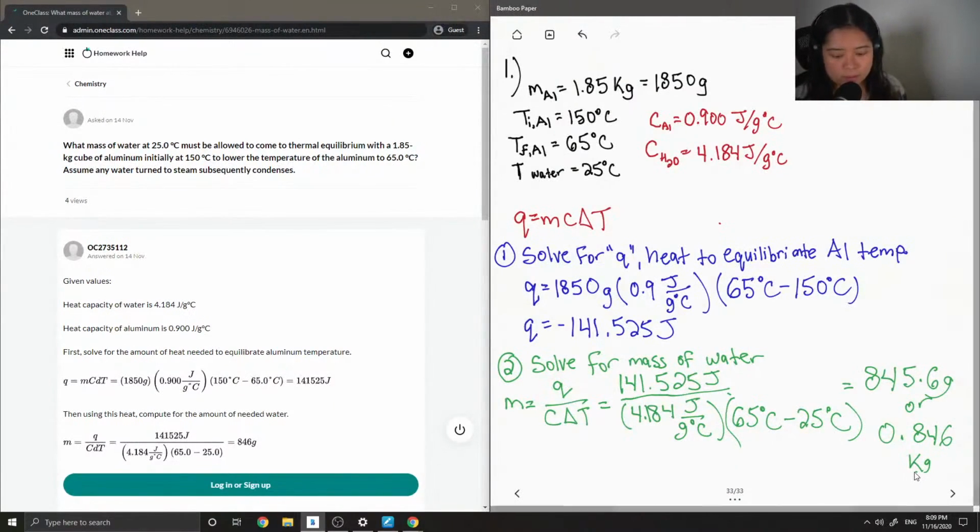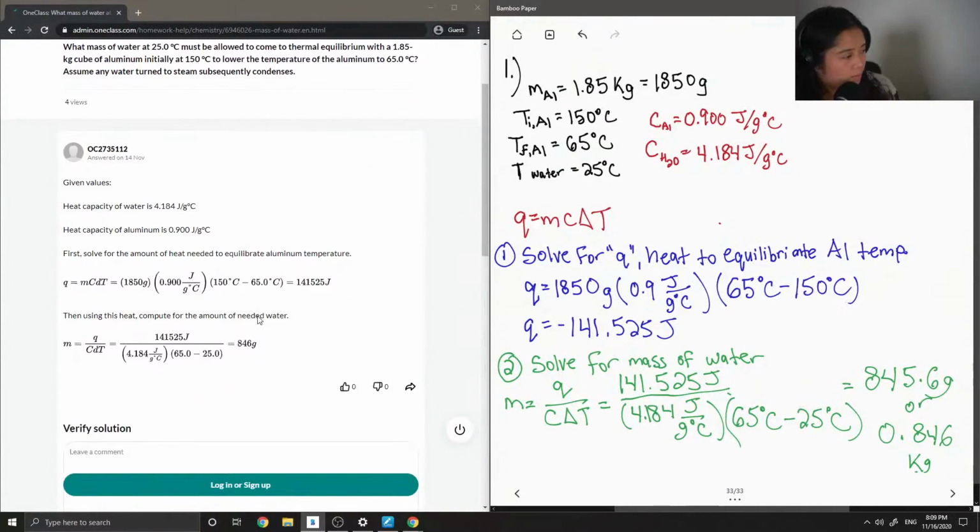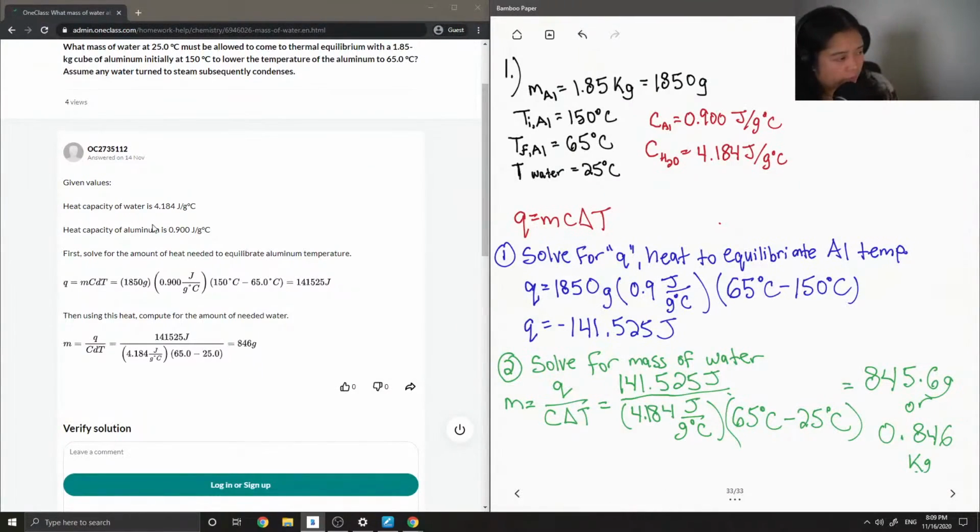Okay, so let's see what the junior tutor said. Given values: heat capacity of water is 4.184 joules over grams times degrees Celsius, and they have the heat capacity of aluminum to be 0.900. First, solve for the amount of heat needed to equilibrate the aluminum temperature.